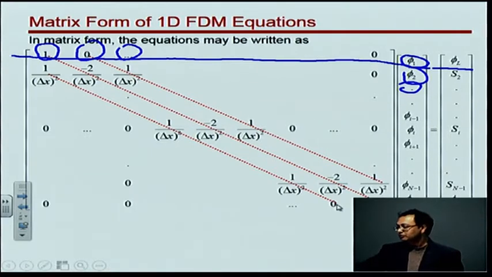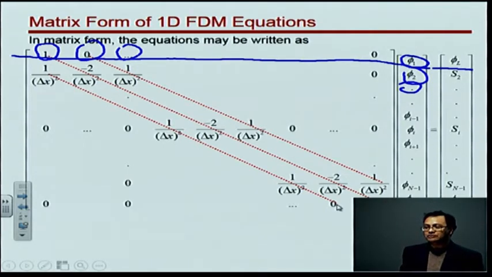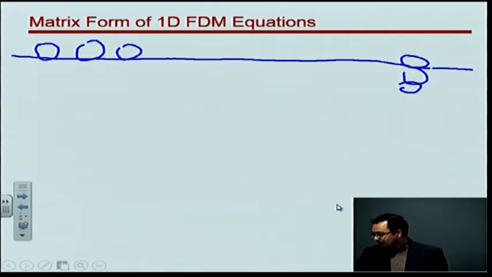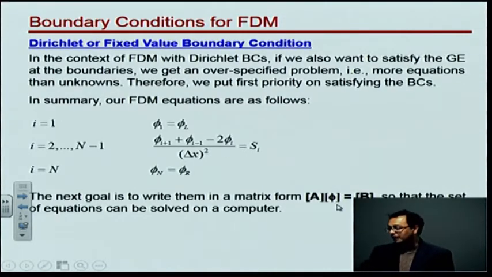If you look at what we have here, we have basically 1 times phi1 equal to phi l. That's all. Everything else is a 0. So if you go back here, that's what we have: 1 times phi1 is equal to phi l.